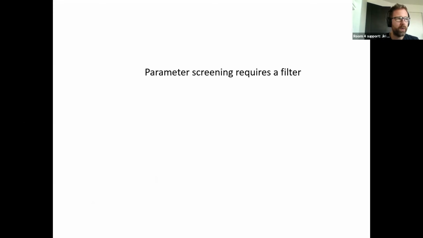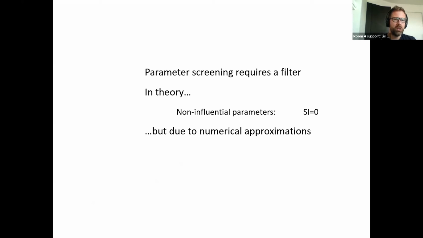Because in theory, when you have a screening method, you would say, okay, the non-influential parameters can be screened out and they actually go with a sensitivity index equal to 0. But actually, due to numerical approximations, we very often see that those non-influential parameters do have some small sensitivity index.